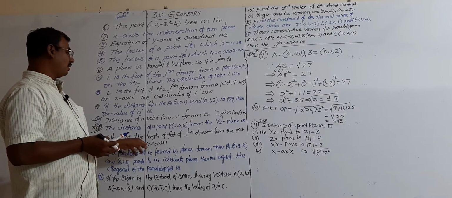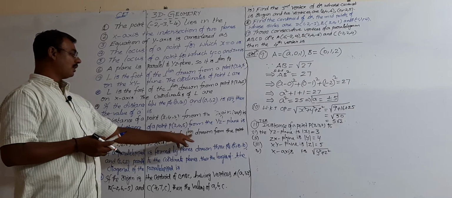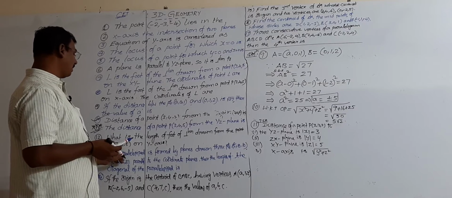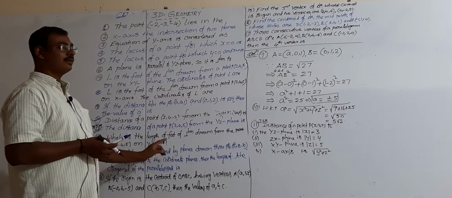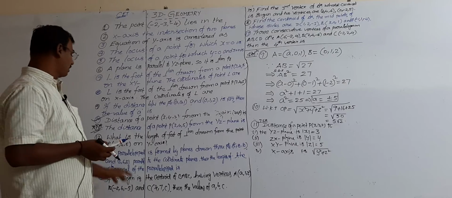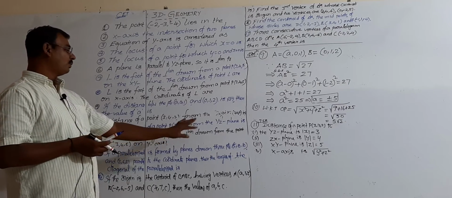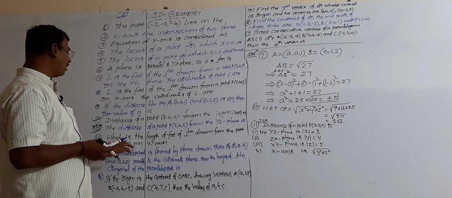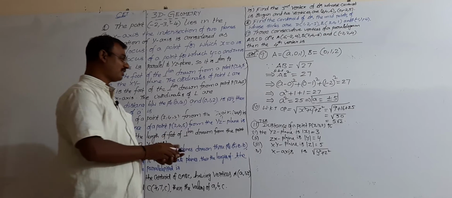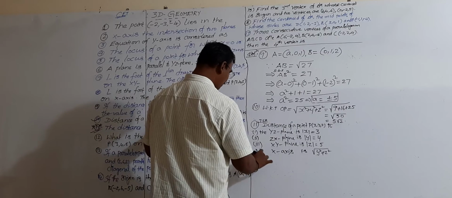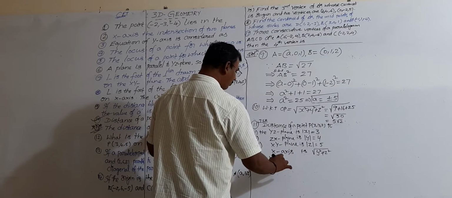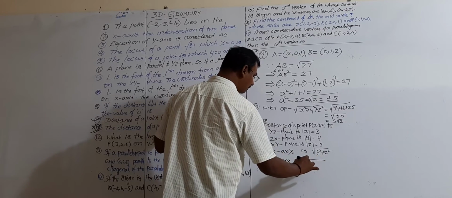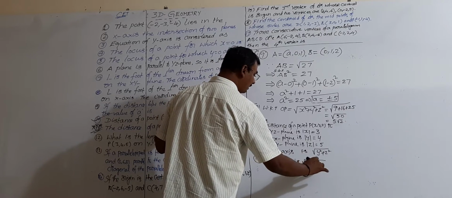What is the length of the foot of the perpendicular drawn from the point P(3, 4, 5) on the y-axis? On the y-axis the distance formula is square root of x square plus z square.